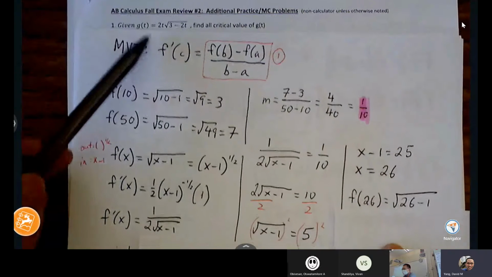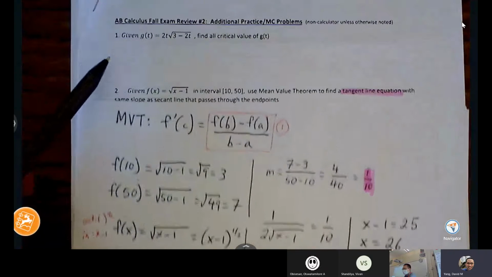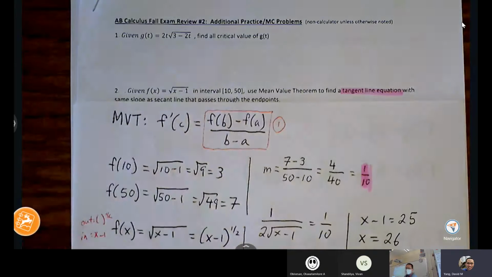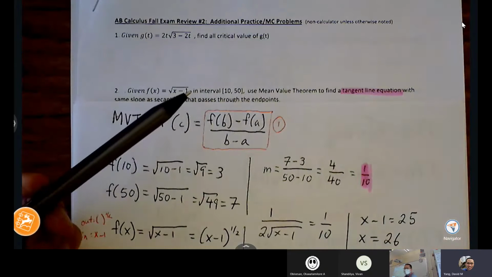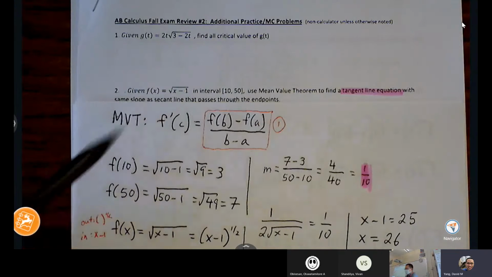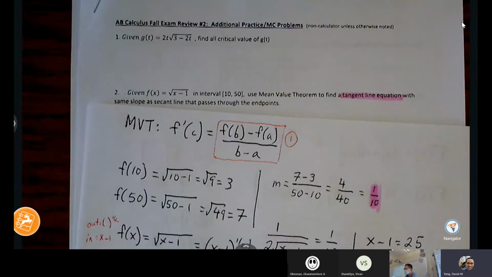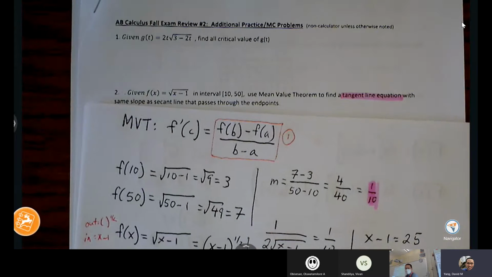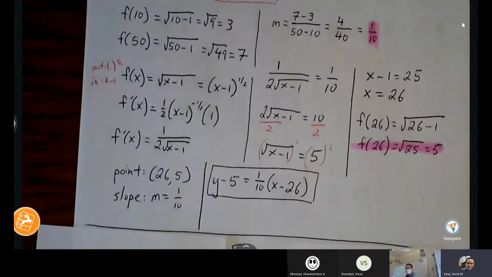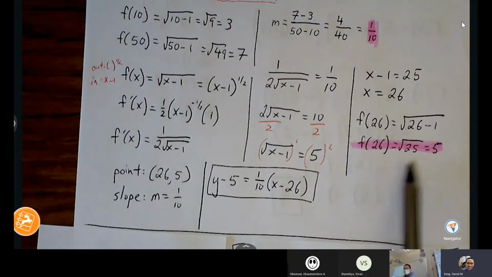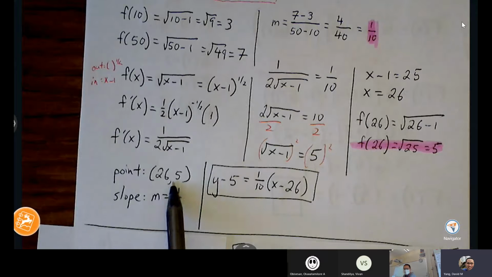Right, let's plug it back into the original function, because if I give it an x, in return, it'll give me the y value. So 26 minus 1 is 25, root 25 is 5. Got my ordered pair, got my slope, and then point slope form.